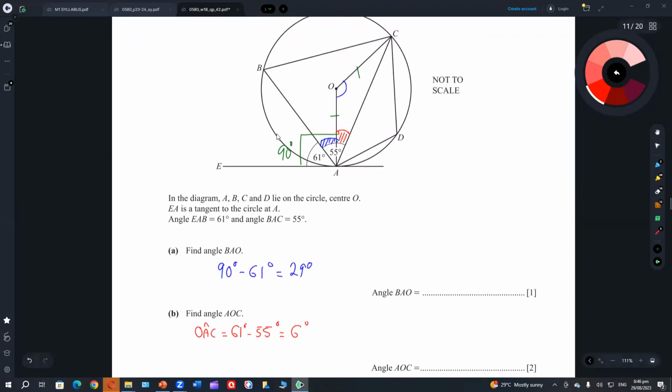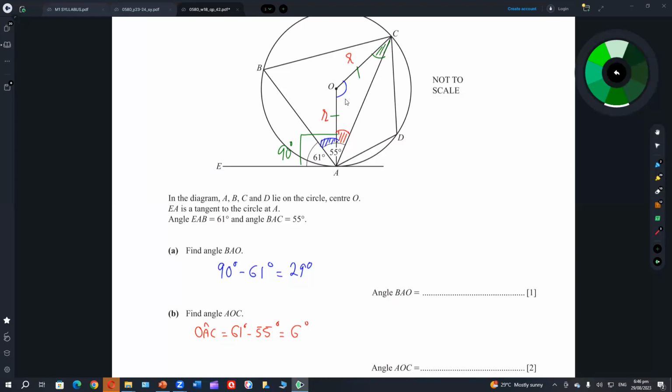Okay, the two lines are radii. This is a radius, this is a radius. So can you tell me what this angle is facing? If I make it green, this green angle, what about this green angle?